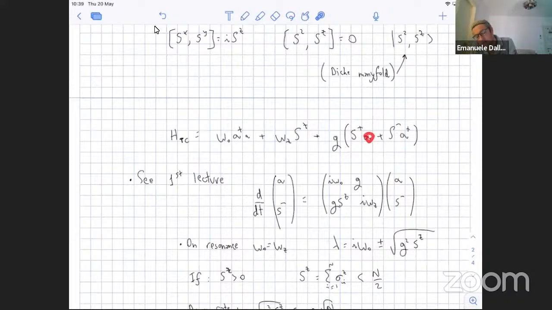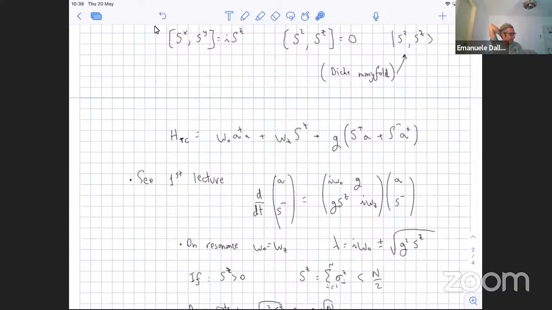You have one harmonic oscillator, which is fine, but the other one is a spin, and the spin is very nonlinear. Why is it nonlinear? Because the equations of motion, which we have already seen, are nonlinear. You start with sigma minus and you end up with something like sigma z times sigma minus. And the more you go on, it never ends. There are more and more terms that need to be taken into account. So the spin is really a nonlinear system.